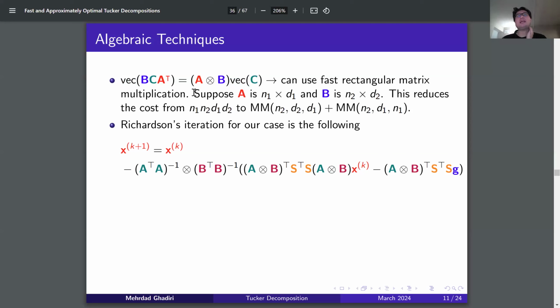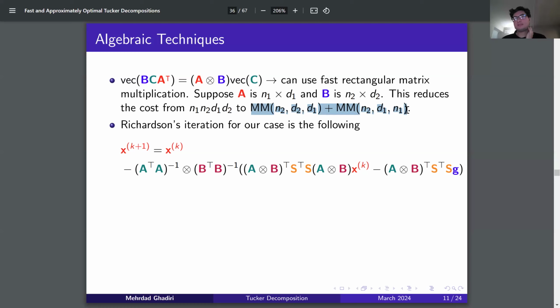If you do it naively, you first compute what A Kronecker product B is, and then do the multiplication with vec of C. That takes this much time, if A is N1 by D1 and B is N2 by D2. Instead, you can do two rectangular matrix multiplications and then take a vectorized version of that, which is equal to this, and that running time would look like this.